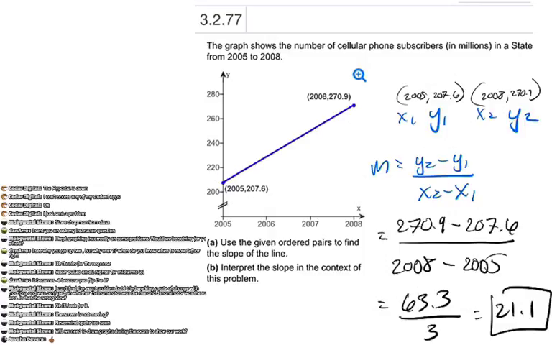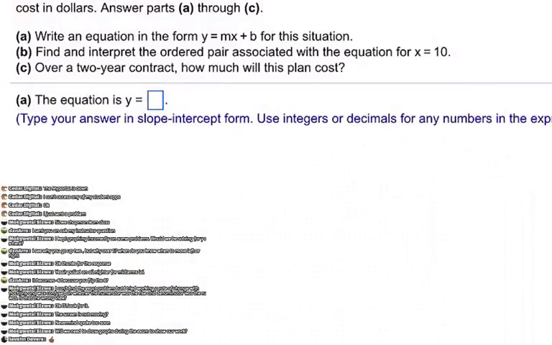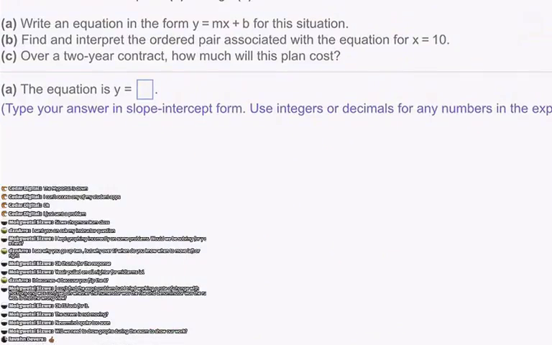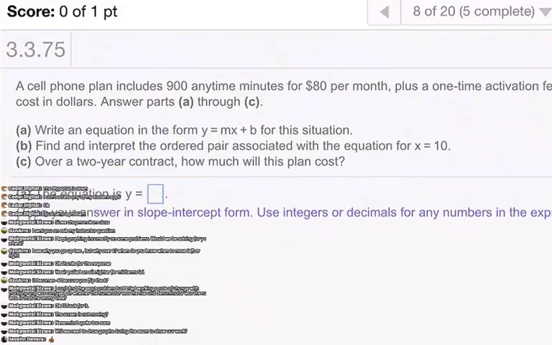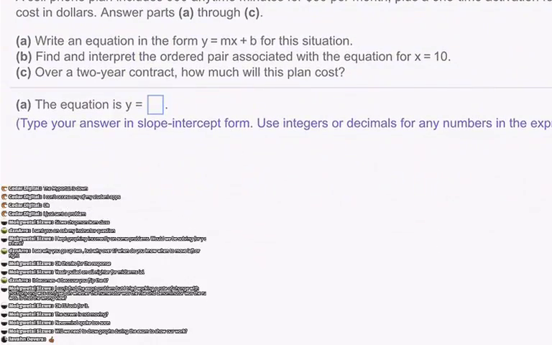Now this one says a cell phone plan. I think I need to do this one too. Let me pull it up. I don't like how wide that is. Can I zoom? I could zoom, that would help. I'm just trying to see if I can zoom.